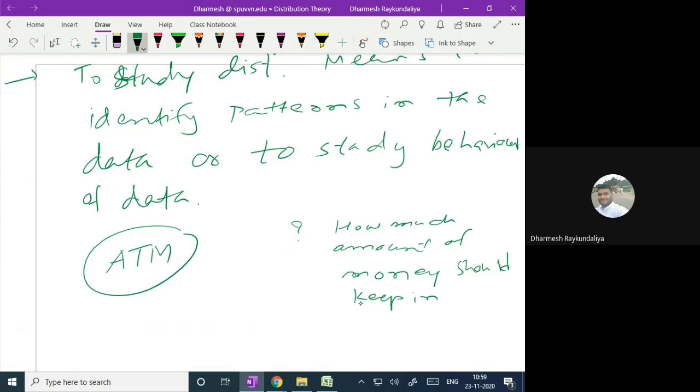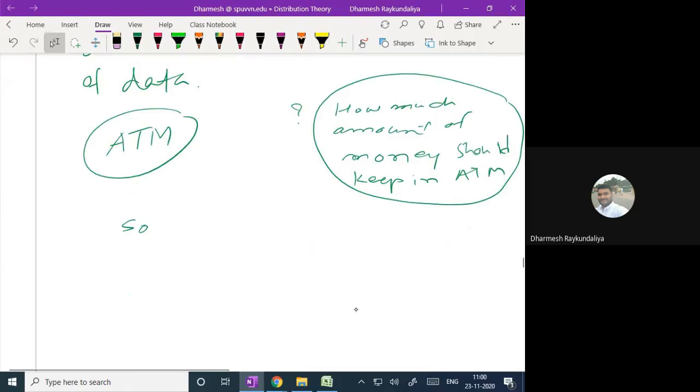Now, can anyone tell me how to proceed? This question is raised by the bank. We have so many ATM machines. Now, can you suggest how much amount of money should be kept in the ATM so that no customer complains?